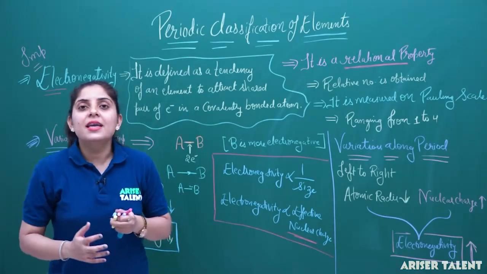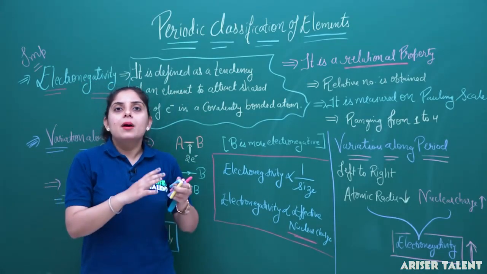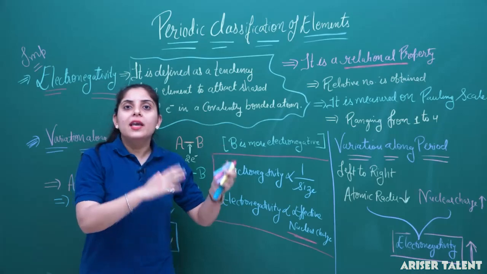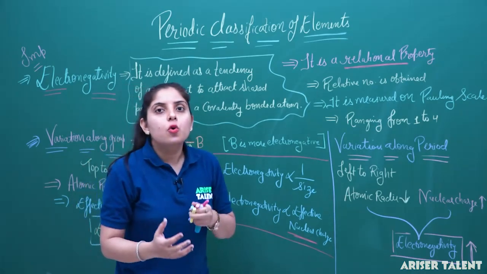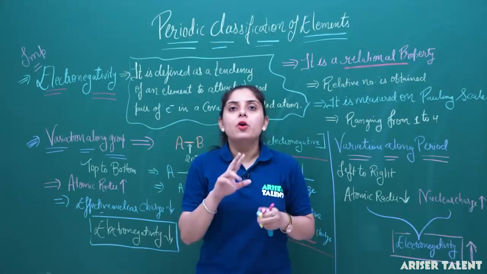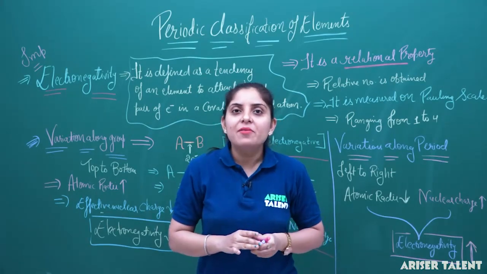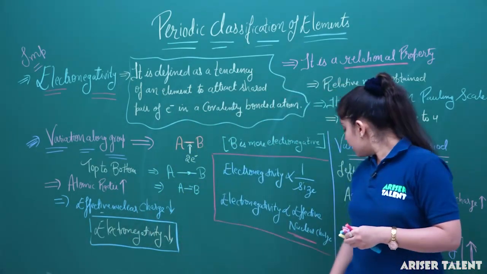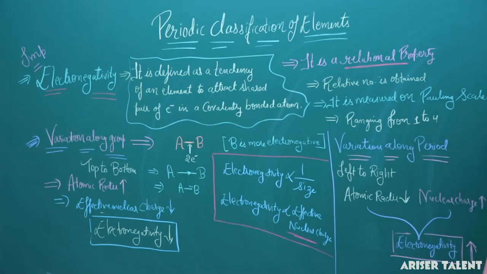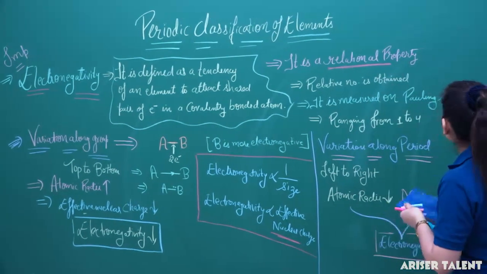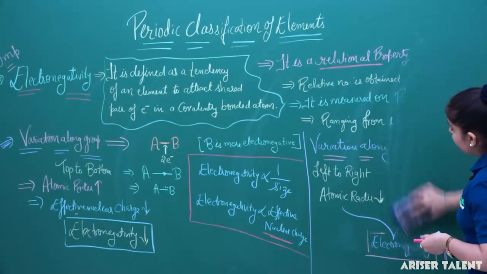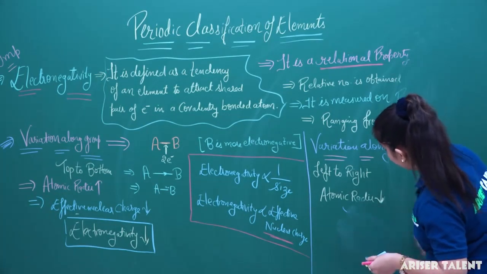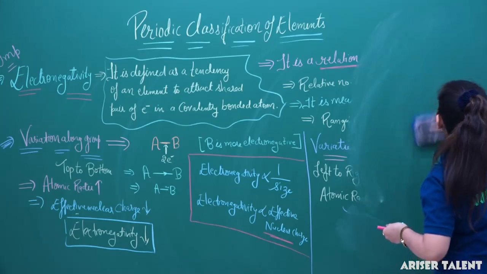Now, let us take a difference table to differentiate between electron gain enthalpy and electronegativity, so that it is very clear to you what basically these two terms are. So let's have a look at the difference between electron gain enthalpy and electronegativity. Our next topic is the difference between electronegativity and electron gain enthalpy.